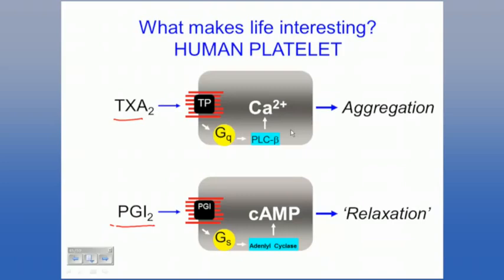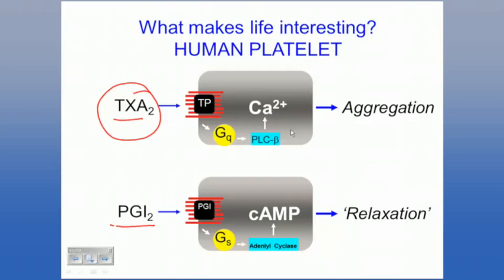Many of you may be aware of the effect of aspirin on clot formation. I mean, many of you know of Bayer's aspirin used to try and prevent heart attack or stroke. What this drug has been intended to do is to inhibit the effect of thromboxane on platelets.